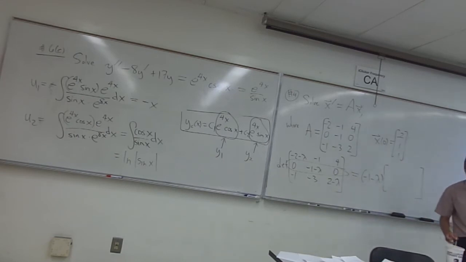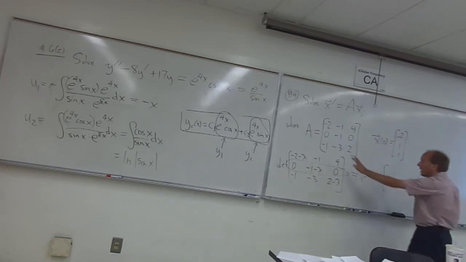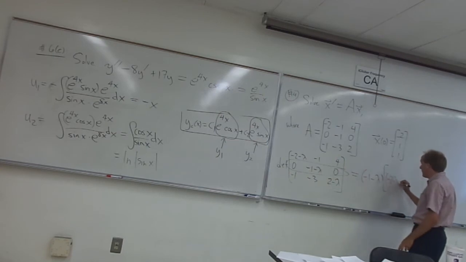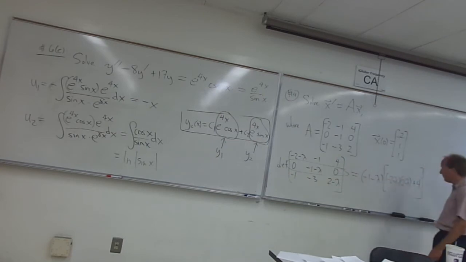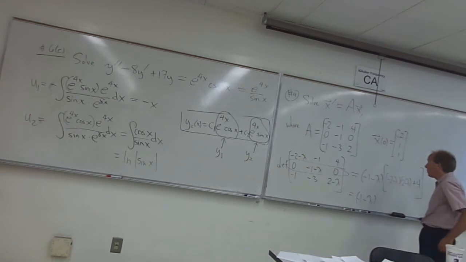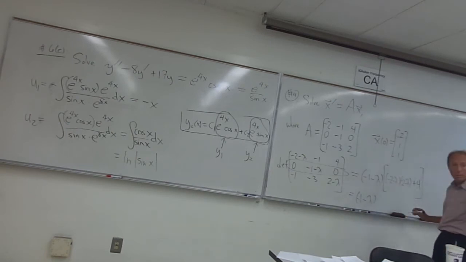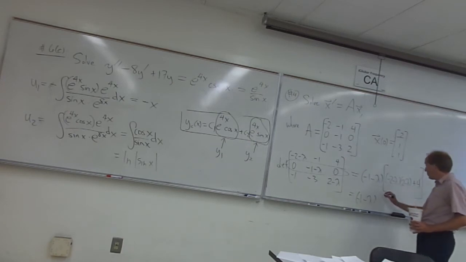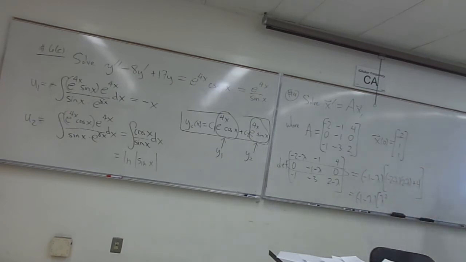use parentheses, parentheses are your friend here. We get negative 2 minus lambda times 2 minus lambda, and then plus 4. So this is negative 1 minus lambda times, okay. Then this one we have lambda squared. What's the rest of it going to be?